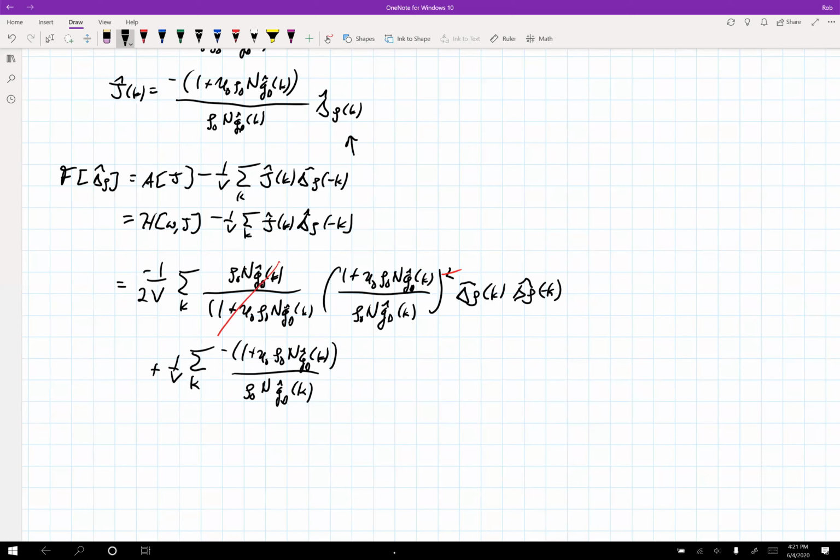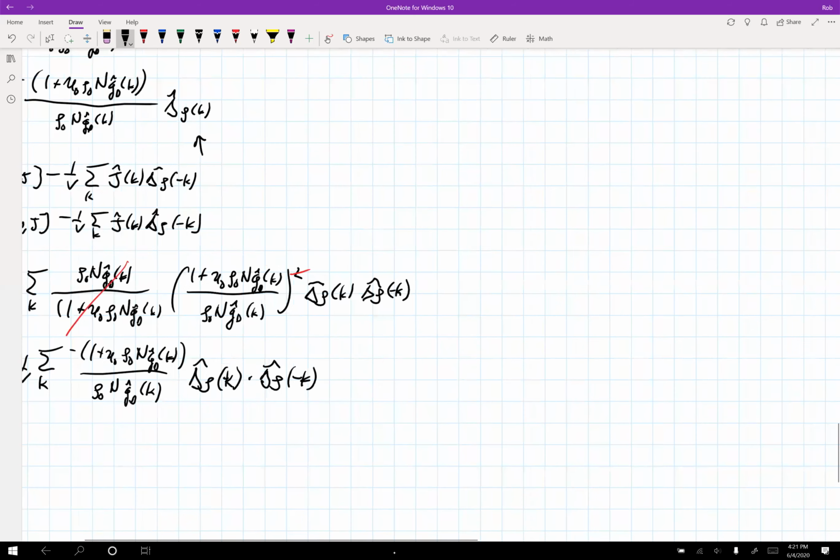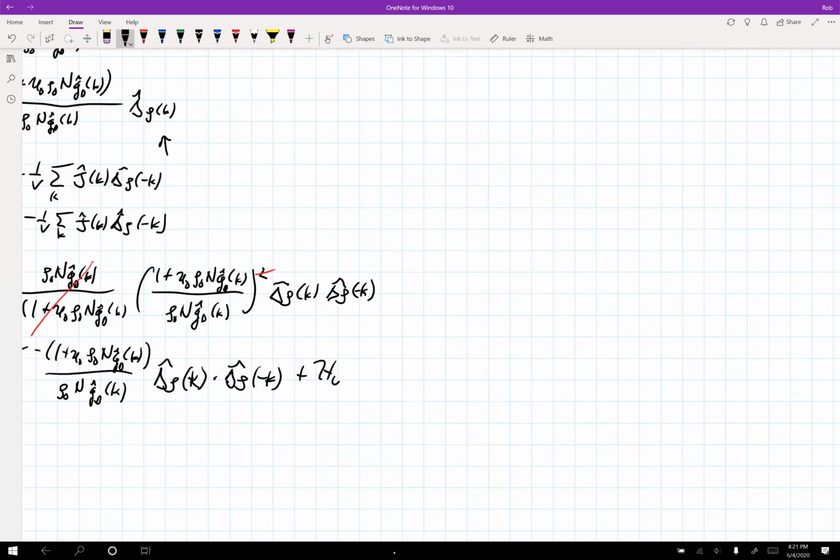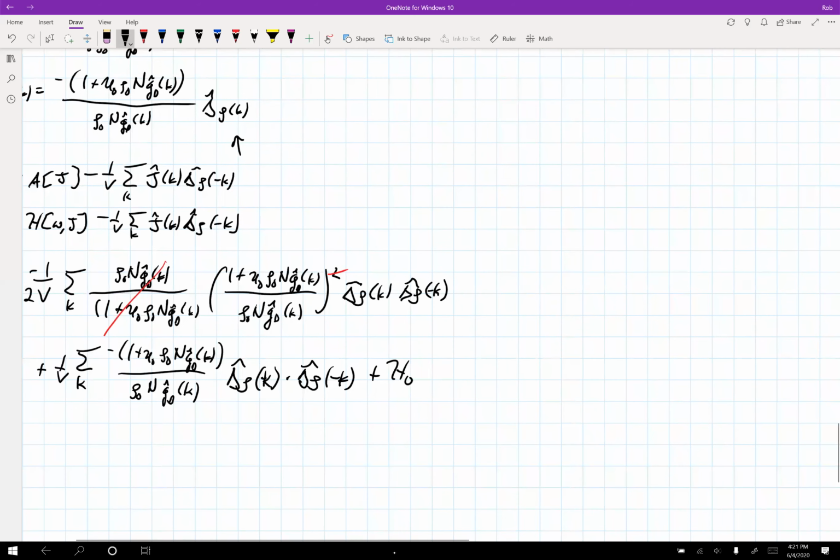That comes from j hat, and so then that's going to give us this guy times delta rho hat of minus k, and then this whole thing still has plus the mean field H0 tacked onto it.